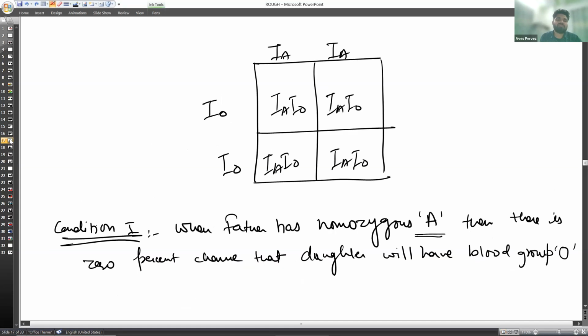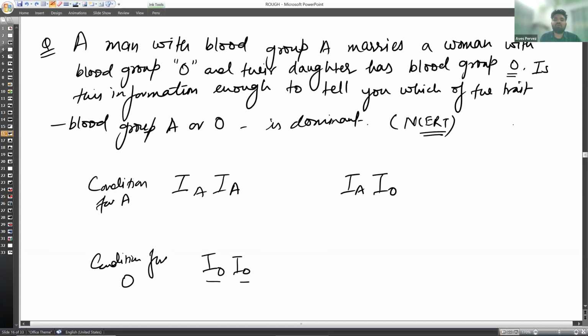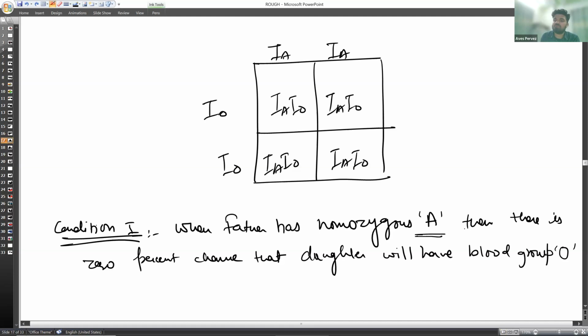So please take a screenshot of this one. You have to note it in the homework. This question you have to do in the homework. We'll send you this question in the homework. Take the screenshot.